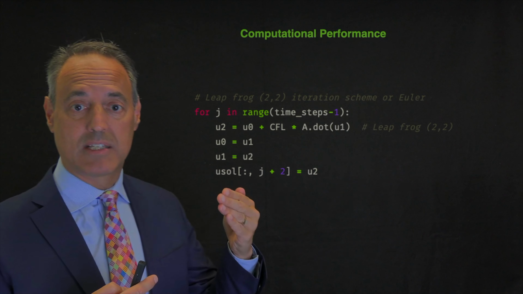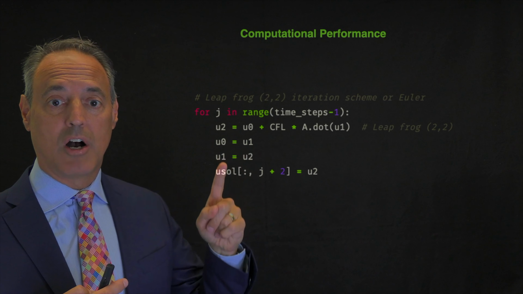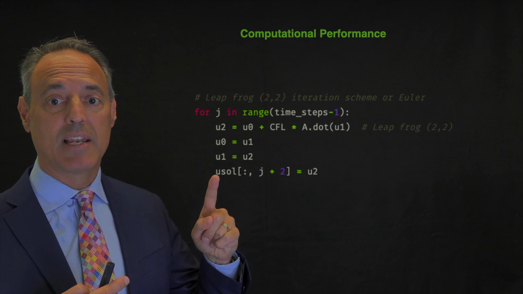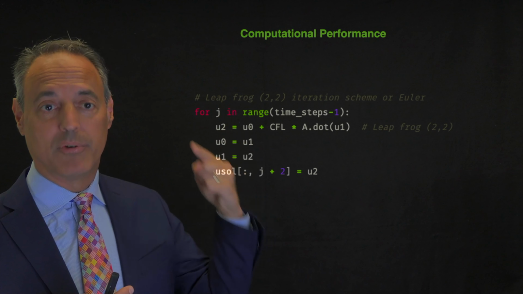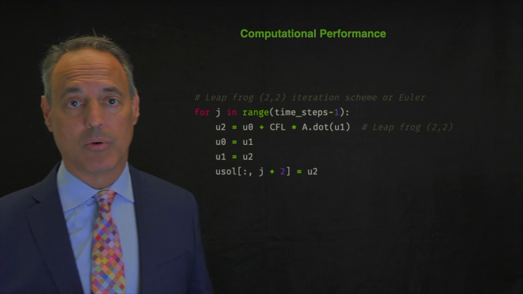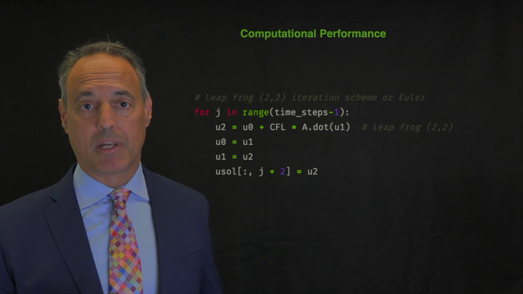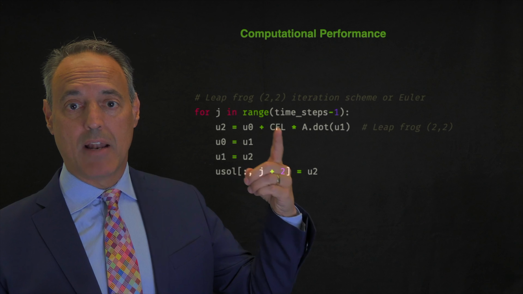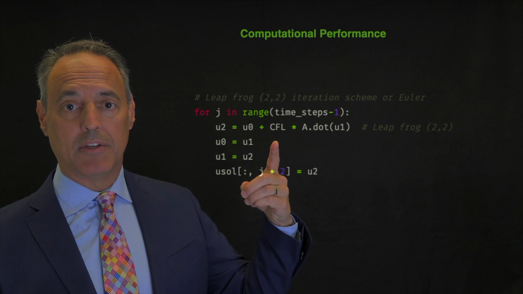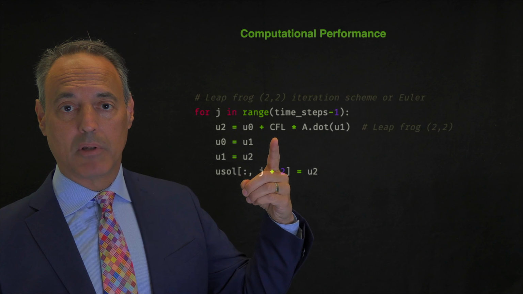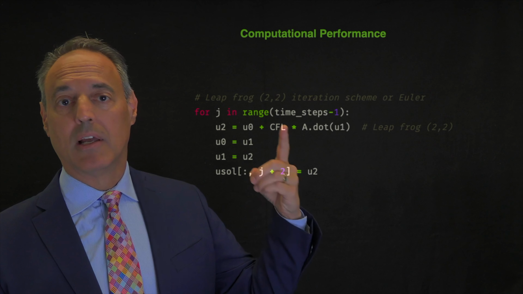Once I've taken that step, I update U0 and U1, and I save my solution, and I loop through. That's it. That's the entire code. I am now time stepping, evolving into the future, and if this CFL is bigger than 1, it will blow up. If it's less than 1, it will be stable.